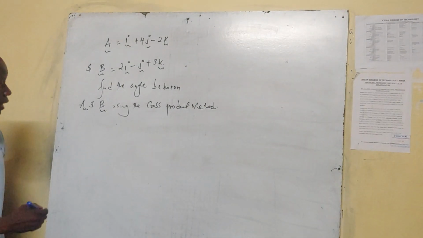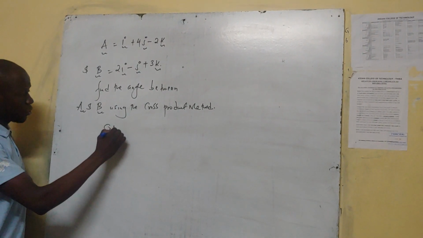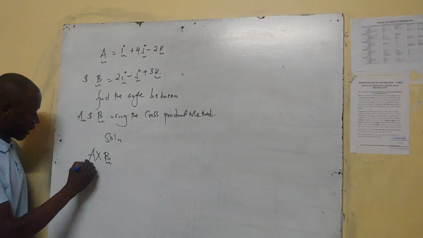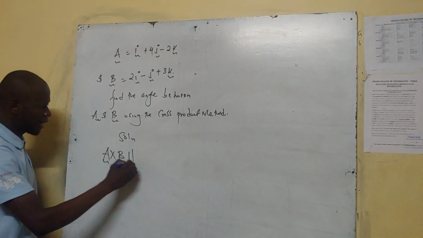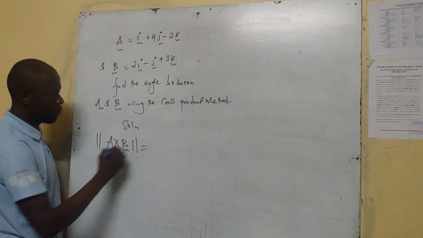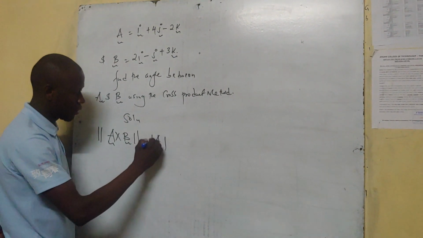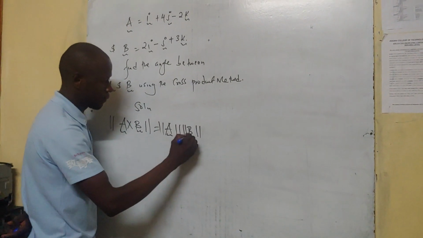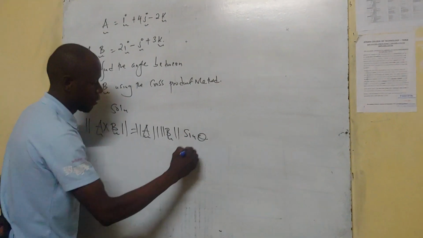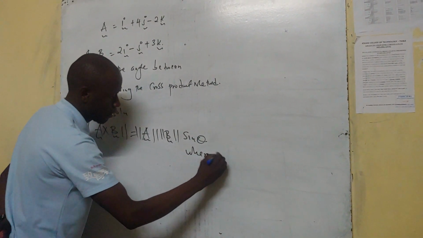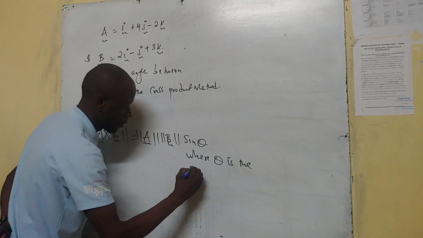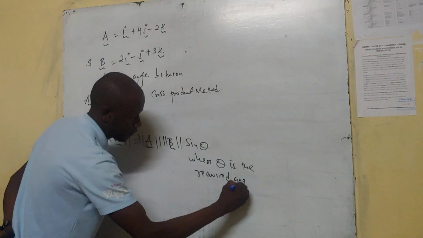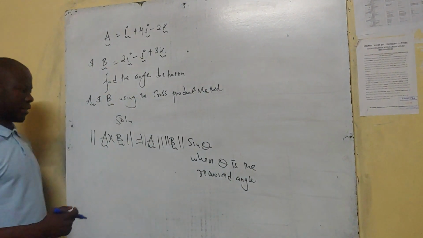As we said earlier, under the solution, we need to get the cross product between the two vectors. Then after getting it, we get its magnitude, and this should be the same as the magnitude of A multiplied by the magnitude of B times sine theta, where theta is the required angle.